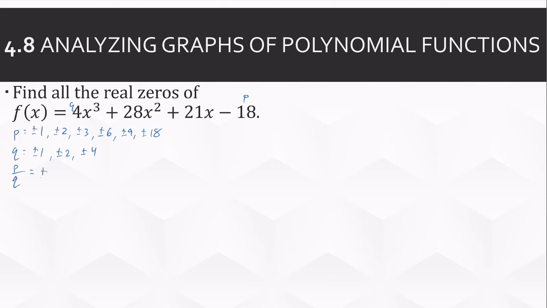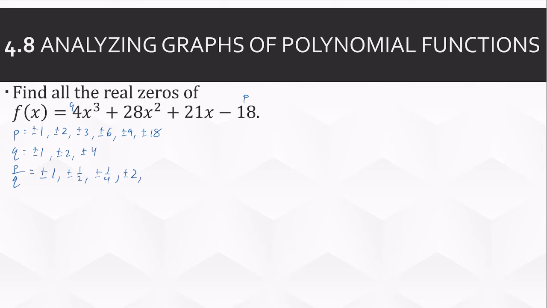Let's go 1 over 1, 1 over 2, 1 over 4. 2 over 1, 2 over 2 I already have. It's the half. 2 over 4 I already have. It's a quarter.